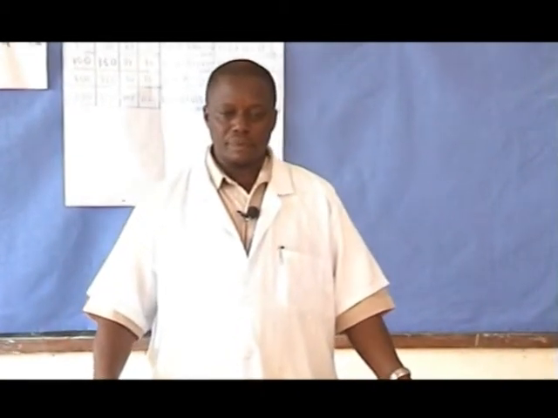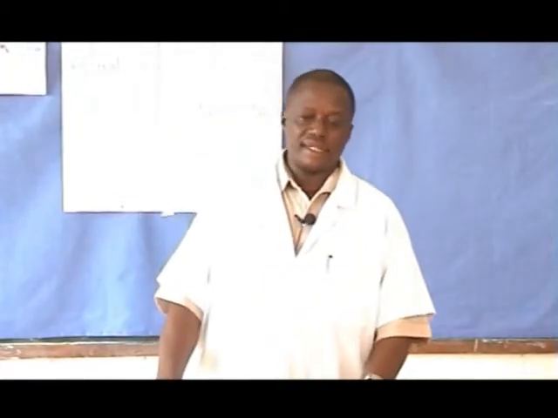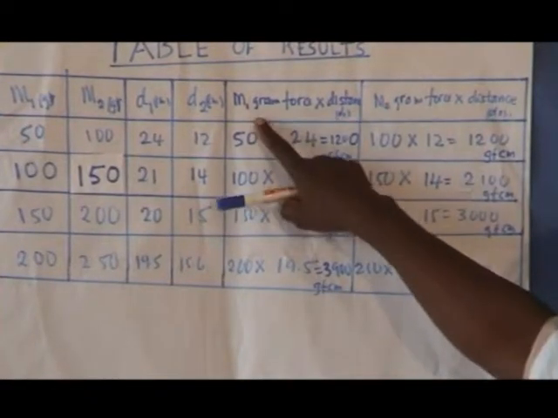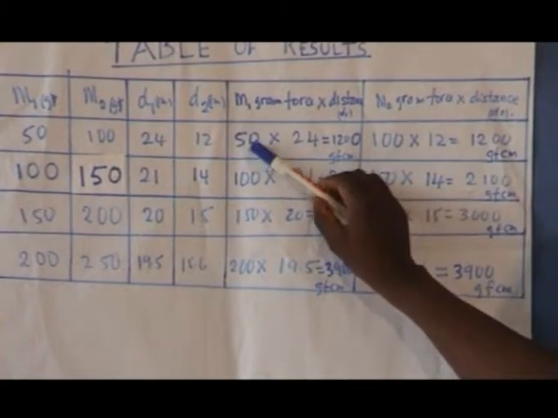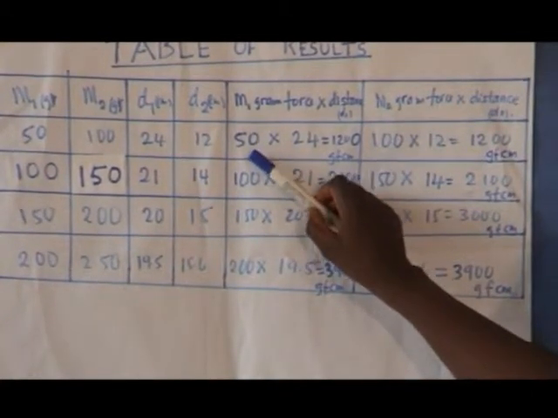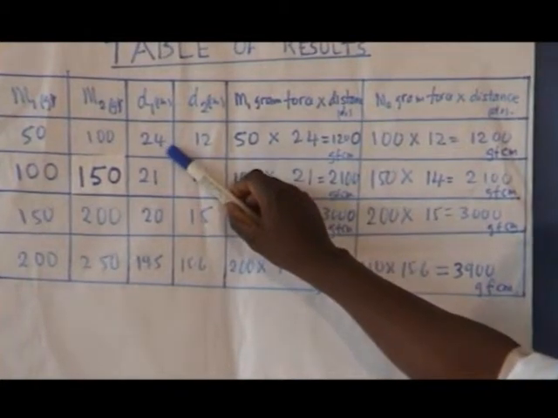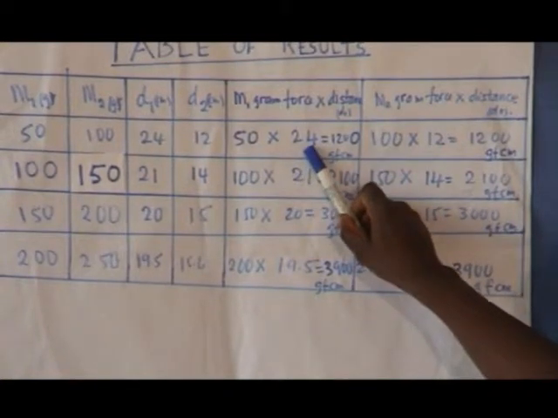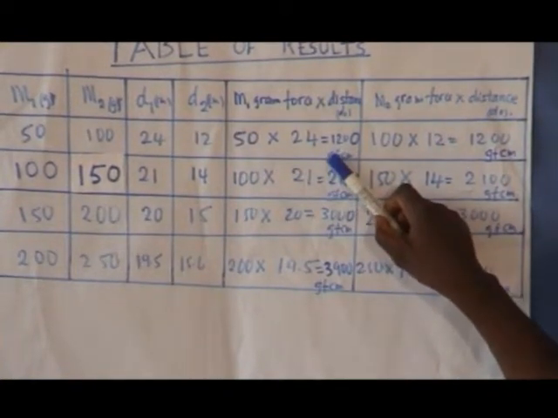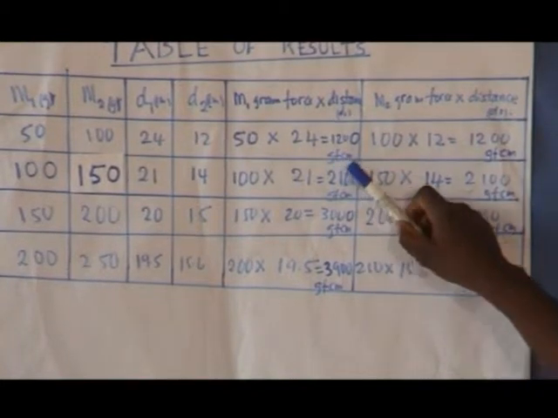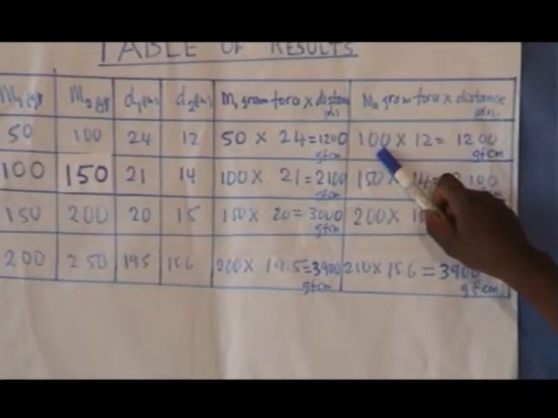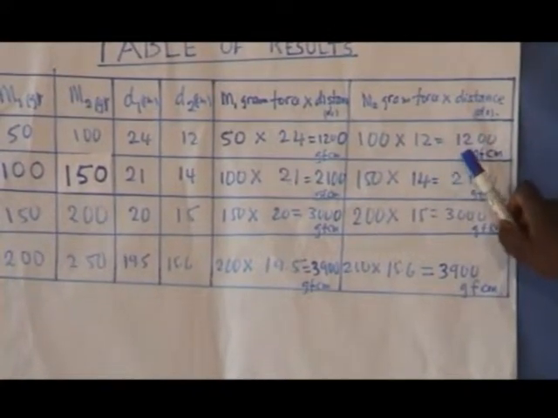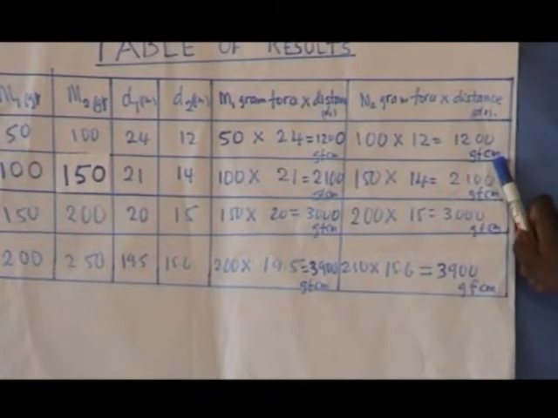From the table, it was observed that the moment of force due to mass 1, when M1 was 50 and distance 24 centimeters, is 50 gram force times 24, which gives you 1,200 gram force centimeter, and mass 2 was 100 gram force times 12 centimeters, which also gives you 1,200 gram force centimeter.